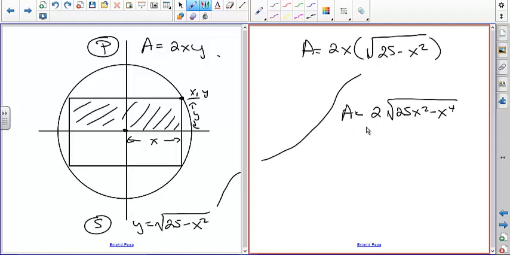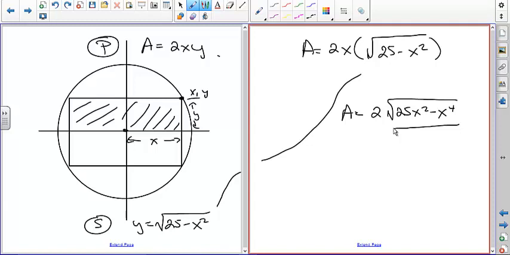And I guess, thinking about it, can we do anything more based on what we just did in the previous problem? Instead of trying to maximize 2 times the square root of 25x squared minus x to the 4th, what can we maximize? How about 25x squared minus x to the 4th?